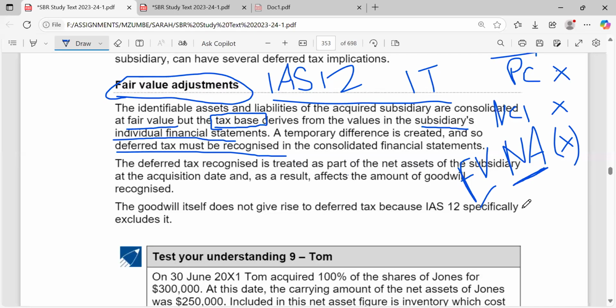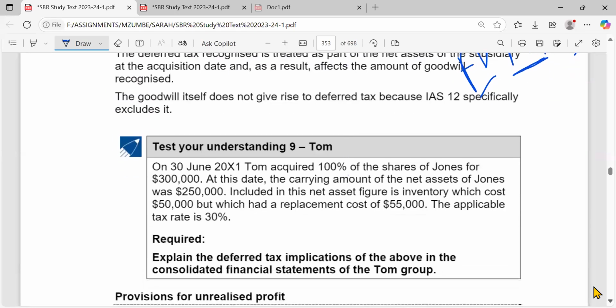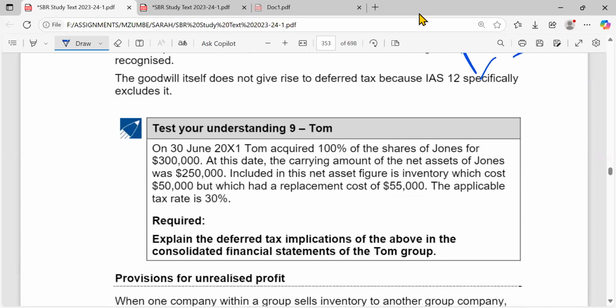All right, now let's look at the example here, called Tom. On 30 June 2021, Tom acquired 100% of the shares of Jones for $300,000.